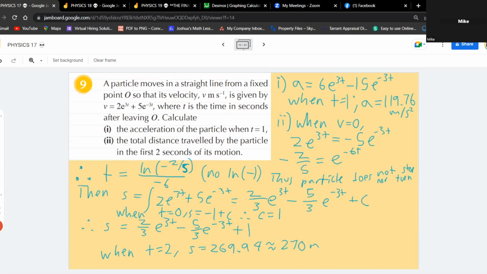Tapos, the total distance traveled by the particle in the first 2 seconds of its motion. Okay, so, okay, no reversals.